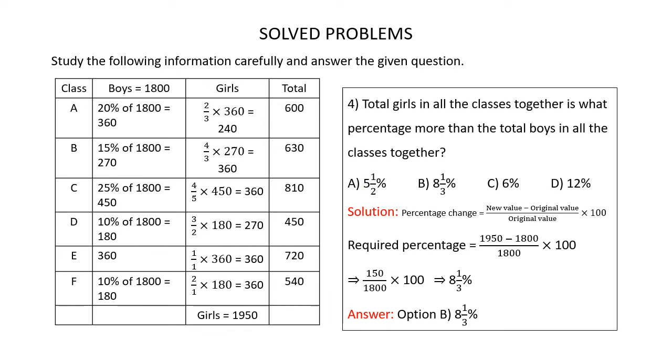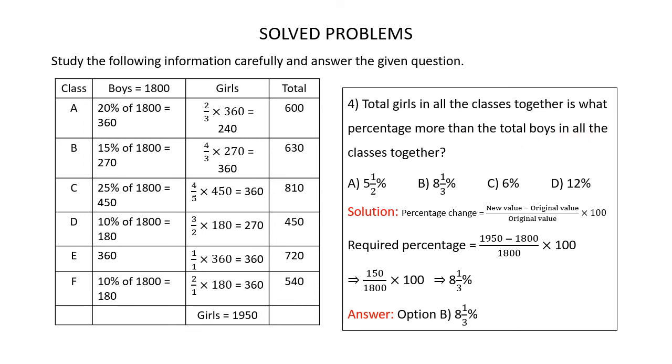So here you have to find the percentage change. Use the formula percentage change is equal to new value minus original value divided by original value multiplied by 100. Here remember that always the value that comes after the word than should come in the denominator.